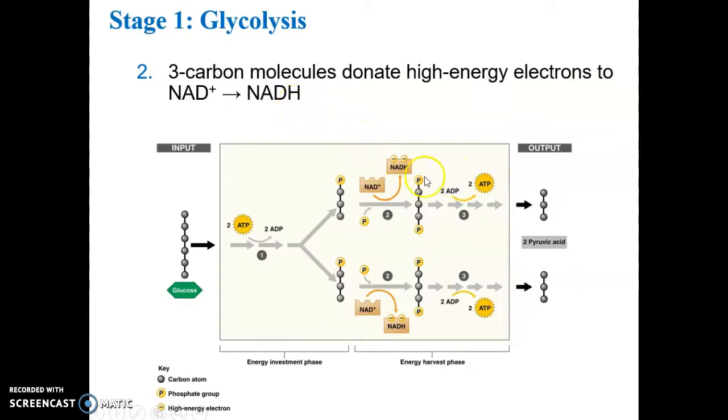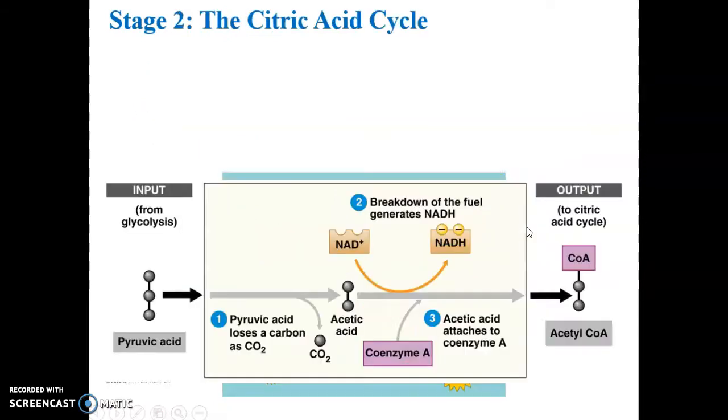Okay? And then these electron carriers, they're called electron carriers because they're carrying electrons, but also the hydrogen ions, which are also called protons. Those electron carriers will work their way over to the electron transport chain, right? Eventually. Okay, 4 ATPs are formed, but remember, it takes 2 to get this whole process going, so the net yield is only 2 ATP.